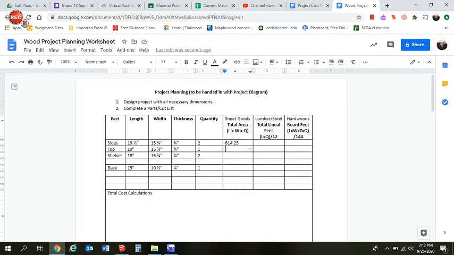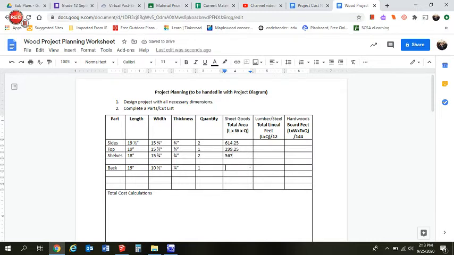Okay, so the next thing that we're going to do is 19 times 15.75 equals 299.25, and then our shelves, we're going to go 18 times 15.75 times 2 equals 567.